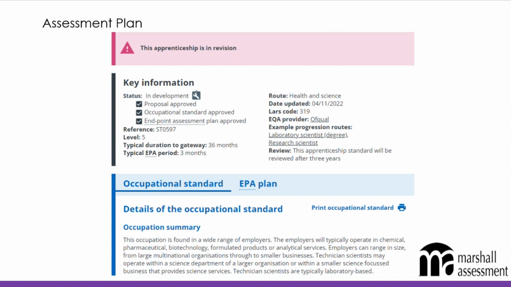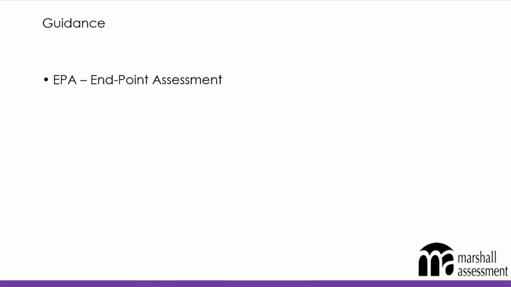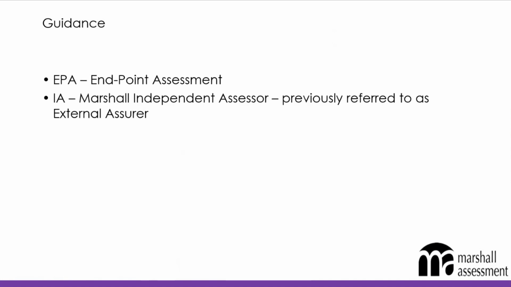Okay, so there are a few abbreviations in the things that I talk about, so I just wanted to mention a few of the key terms. EPA, obviously a fairly straightforward one, endpoint assessment. I may well refer to IAs, or you may see it in our paperwork and guidance documents. That's the independent assessor, previously known as the external assurer, but they're the individuals that are going to be assessing you at the end of your program.